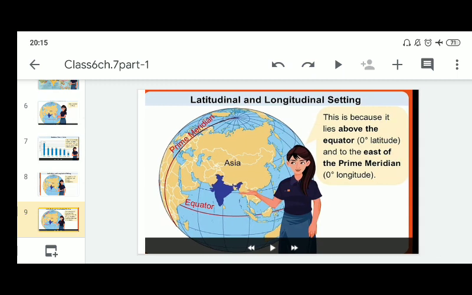Latitudinal and longitudinal setting. This is because it lies above the equator, 0 degree, that's called 0 degree latitude, and to the east of the prime meridian, that is 0 degree longitude. So it is on both sides.